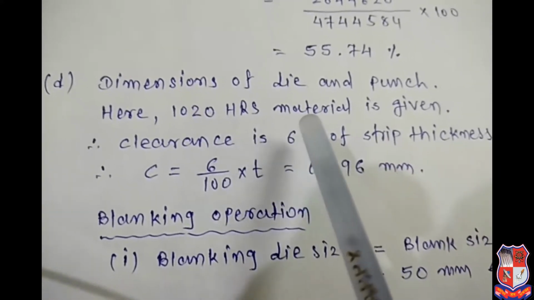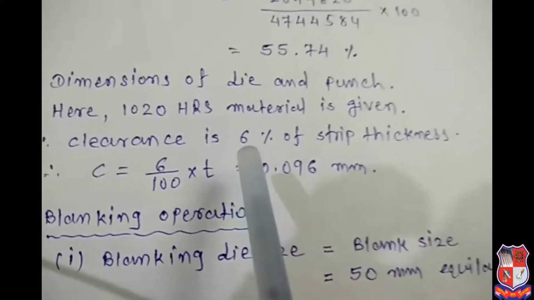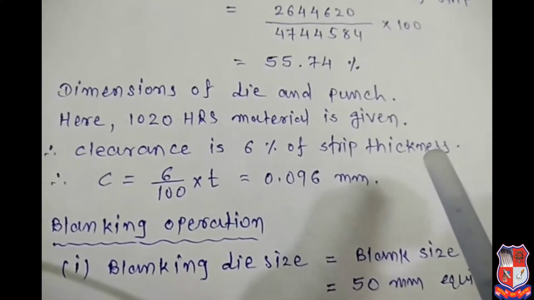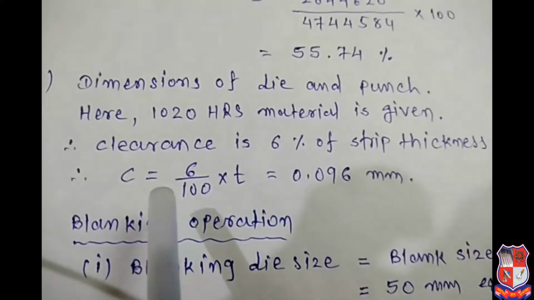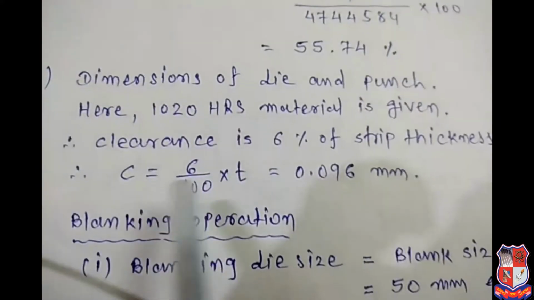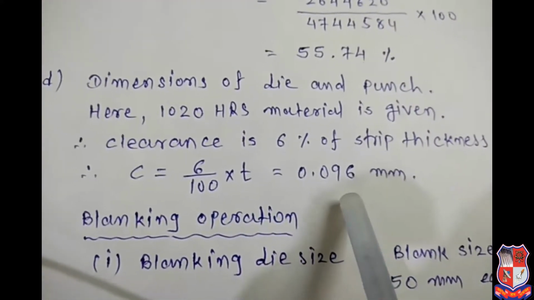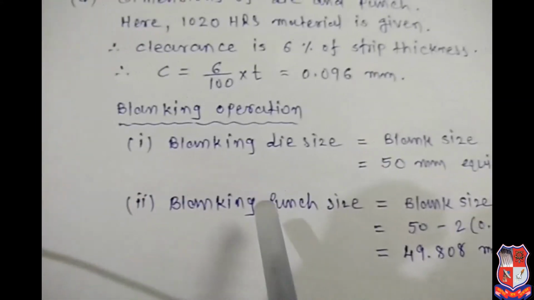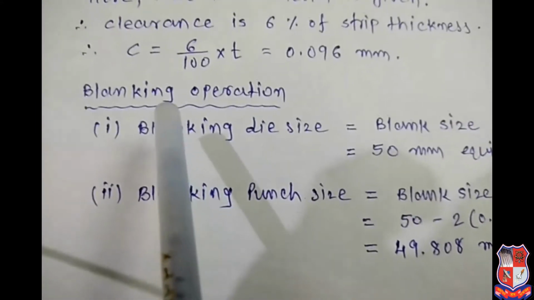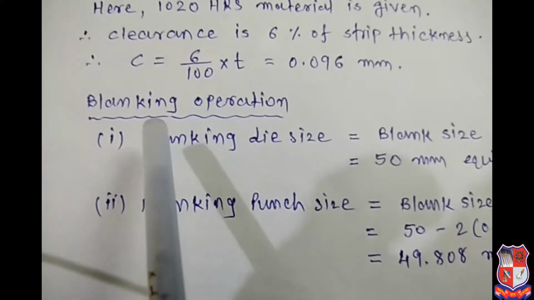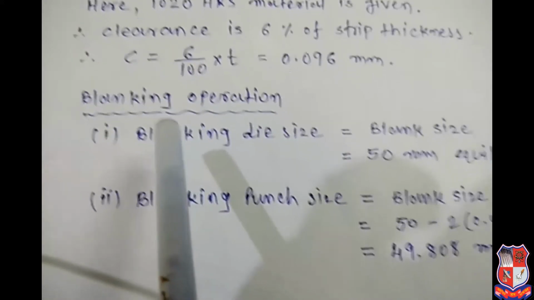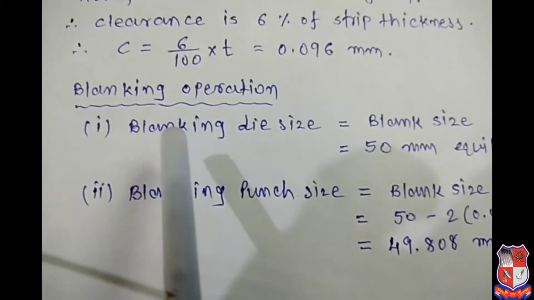Now part D, that we will solve to find out the dimensions of the die and the punch. Here material HRS is given. So clearance is taken as 6% of the strip thickness, and if I calculate the value of C, that will come around 0.096 mm. Now here two operations are there for the given blank. One is the blanking and punching. So we need to find out the blanking die size for the blanking operation.